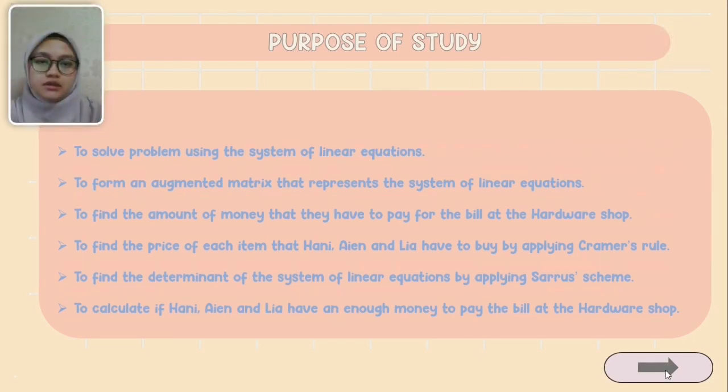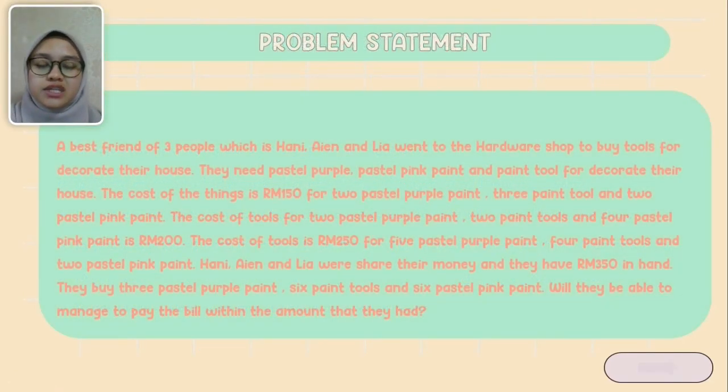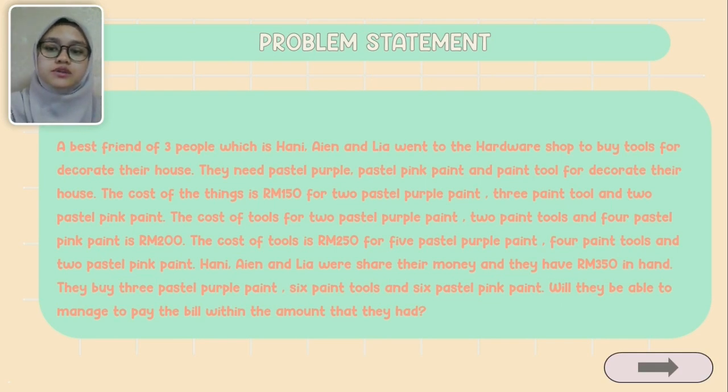Next is the problem statement. The story is about three best friends, Hani, Ain, and Elia, who went to the hardware shop to buy tools to decorate their house. They need pastel purple paint, pastel pink paint, and paint tools. The cost is 150 ringgit for 2 pastel purple paint, 3 paint tools, and 2 pastel pink paint.